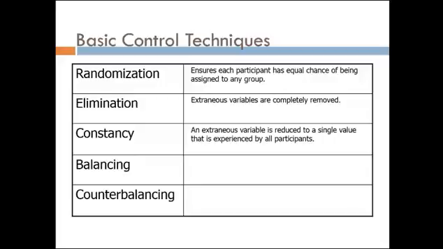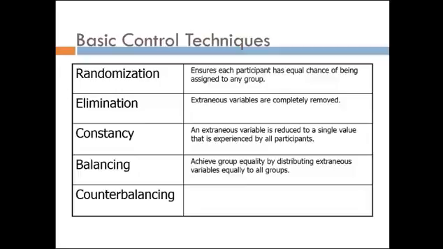Now, other things that you can do oftentimes have to do with repeated measures tests. Balancing. Achieve group equality by distributing extraneous variables equally to all groups. So maybe I'm worried that the males and the females are going to score differently on this test. So I make sure that each group is half male, half female.